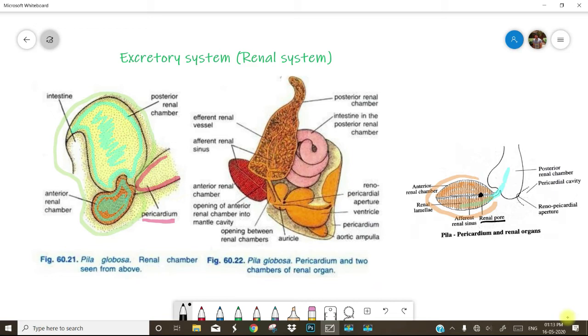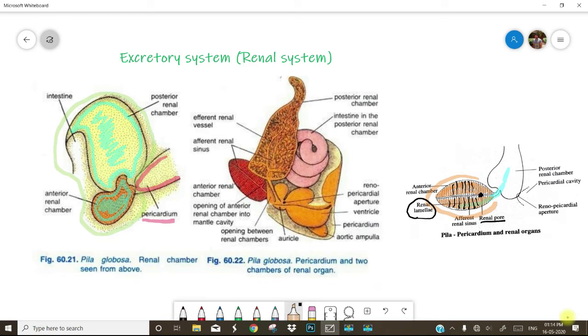And if you look very carefully into the anterior renal chamber, you could find so many lamellae, and we can call these renal lamellae. The renal lamellae are arranged in a bipectinate shape, in a different orientation.